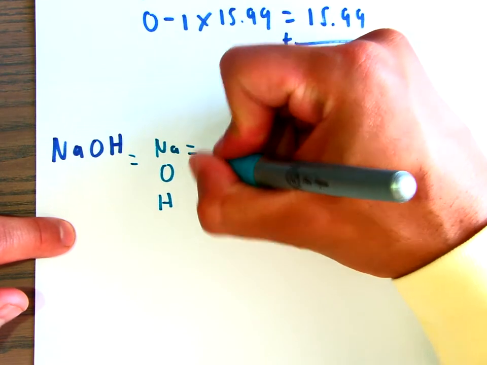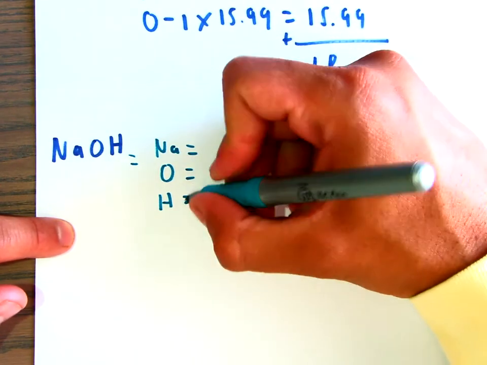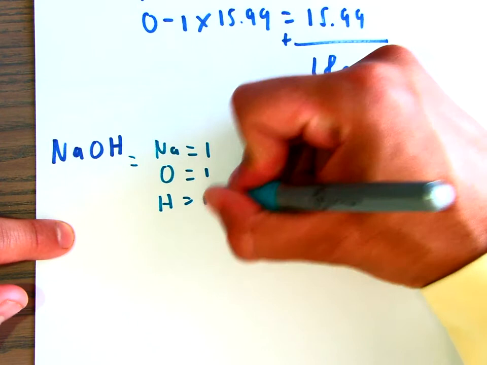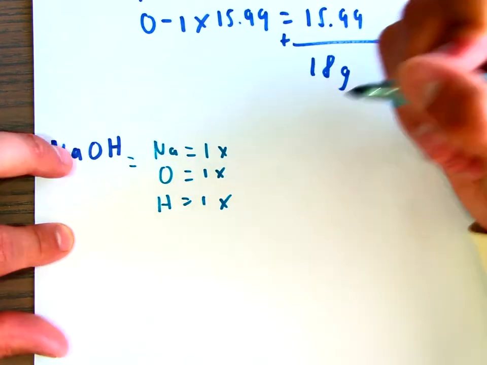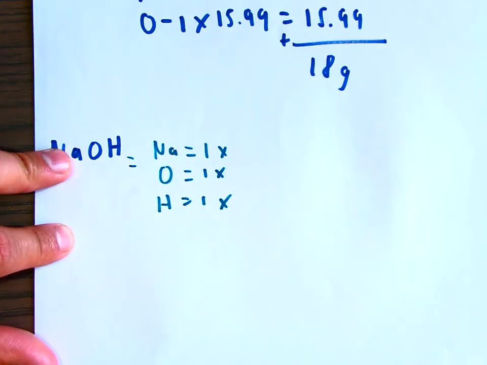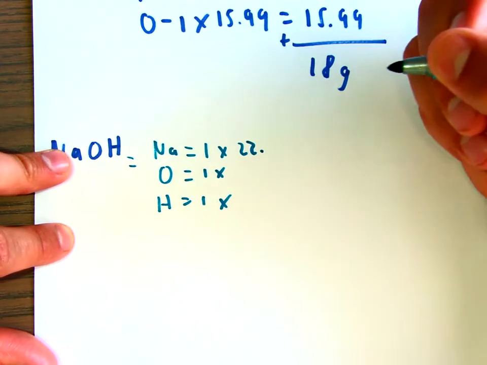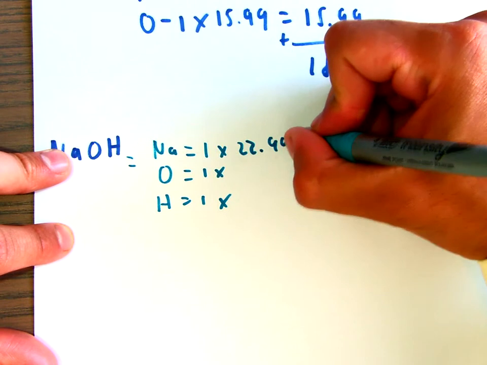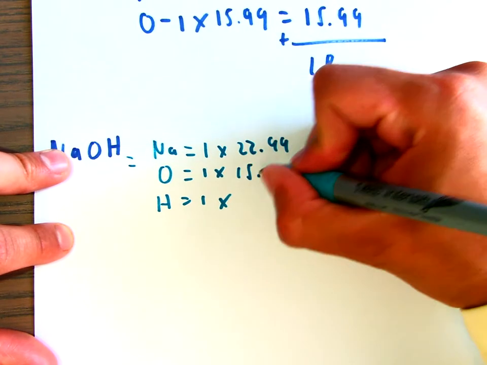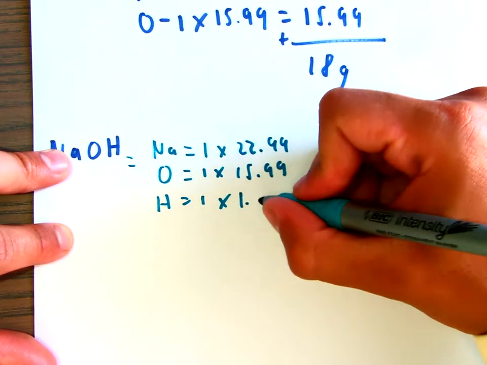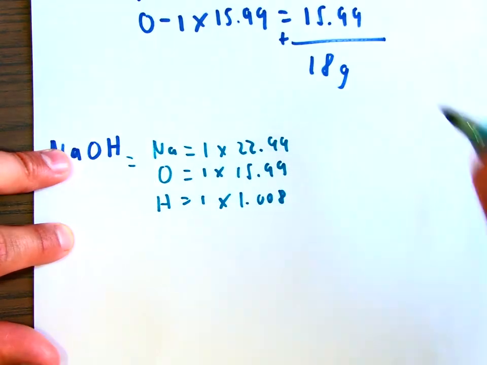Okay, so they all have 1, so I'm just going to put 1 so I can show you guys the example, but I'm going to multiply times their molar mass, right? Sodium has a molar mass of 22.99. Oxygen has a molar mass of 15.99. And hydrogen, as we just saw, would be 1.008.